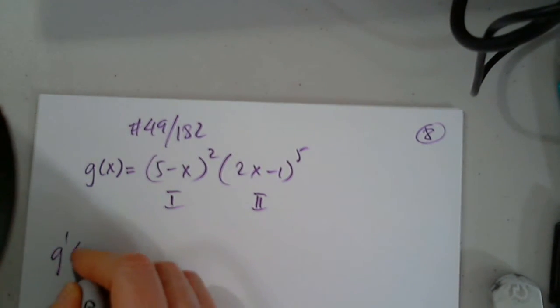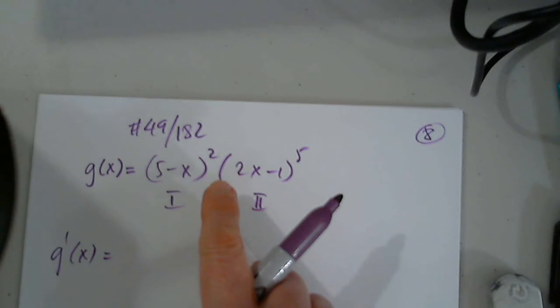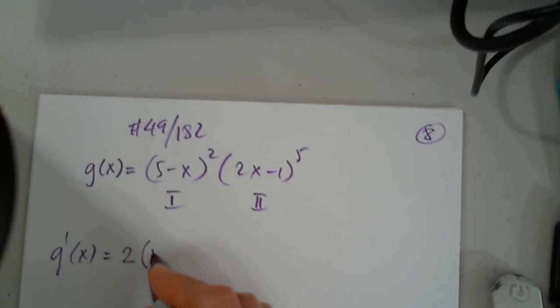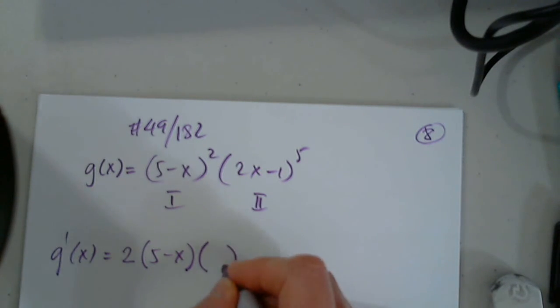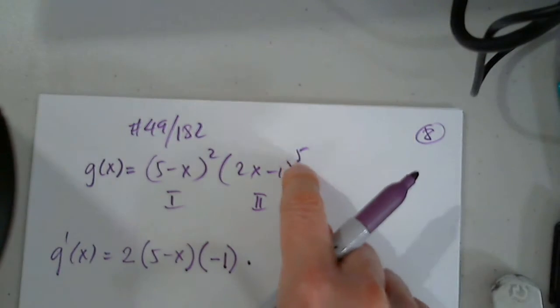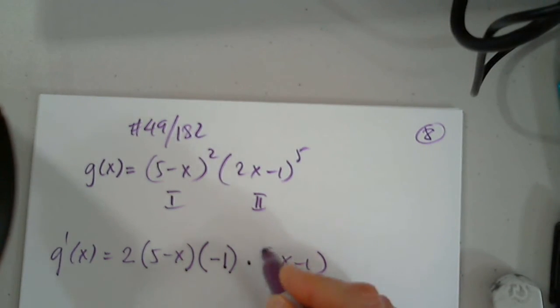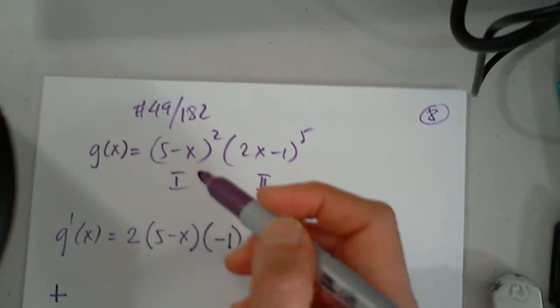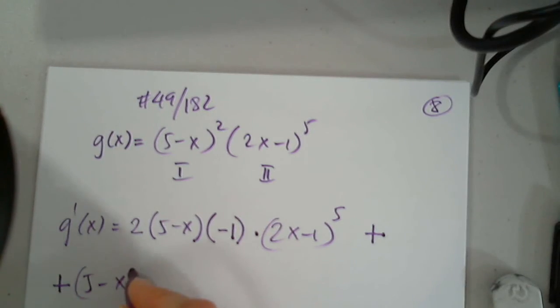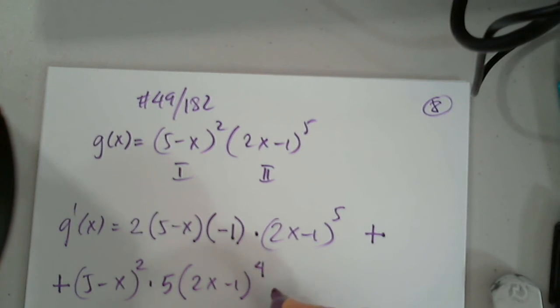So g prime will be function 1 prime: 2, 5 minus x to 2 minus 1 times the inner function prime, negative 1, times the second function, 2x minus 1 to the fifth, plus, I continue here, first function, untouched, times the second function, 5 in front, subtract 1 from the power, times the inner function prime, 2.